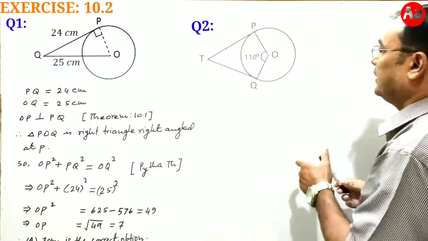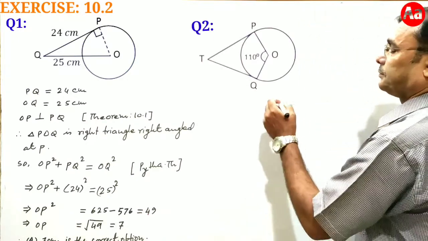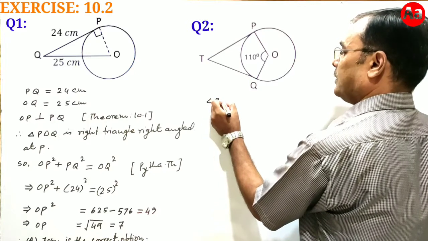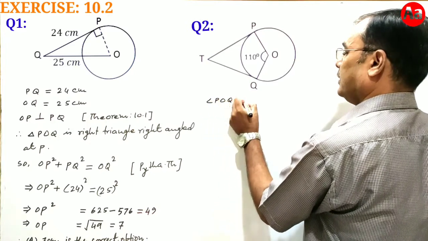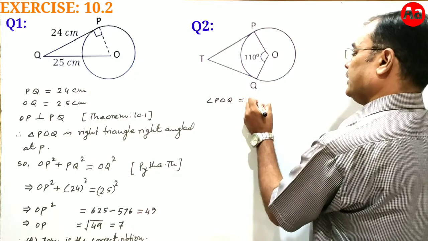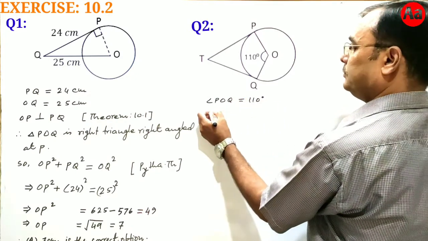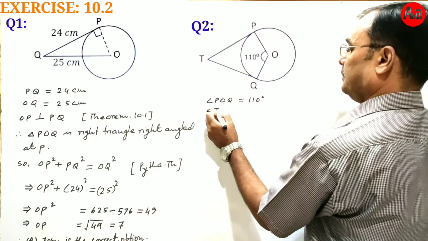In this given figure, angle POQ is given equal to 110 degrees and we have to find angle PTQ.